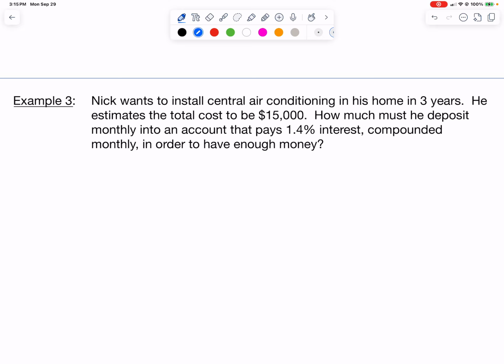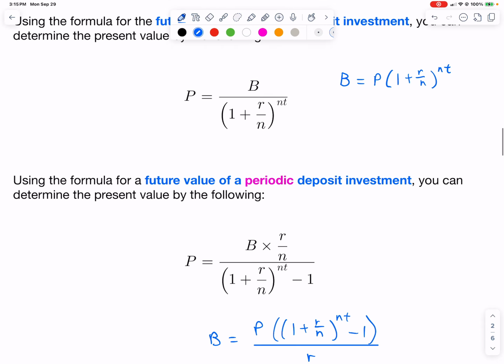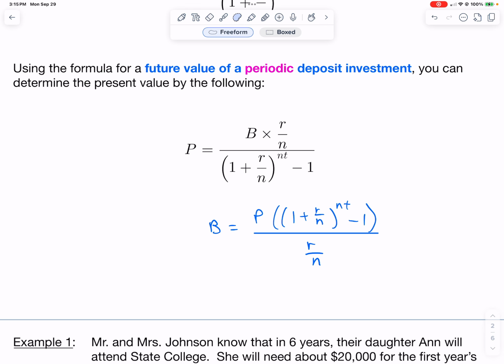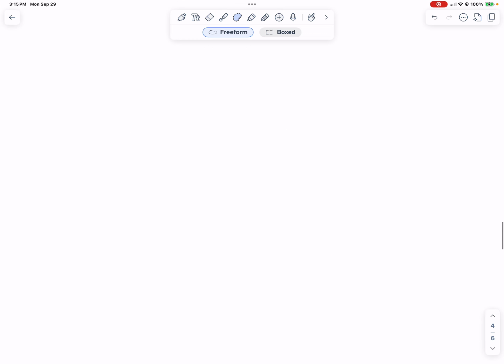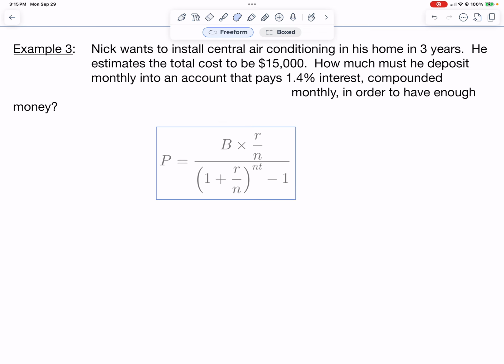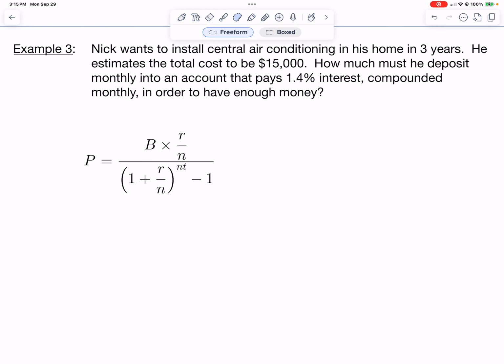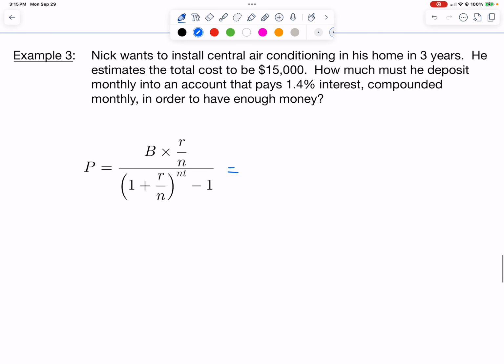So the equation we're going to use is as follows. Let's go ahead and take a look at this equation here. So let's go ahead and put that over here so we have a reference point. All right, so this is the equation we are going to use. And so we're going to go ahead and plug in the values, okay? So B is going to be the final amount that Nick wants, and that's $15,000.